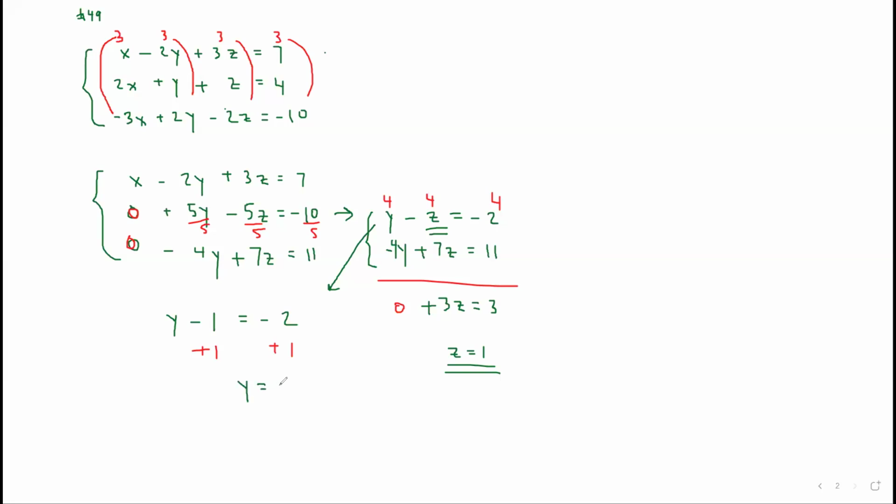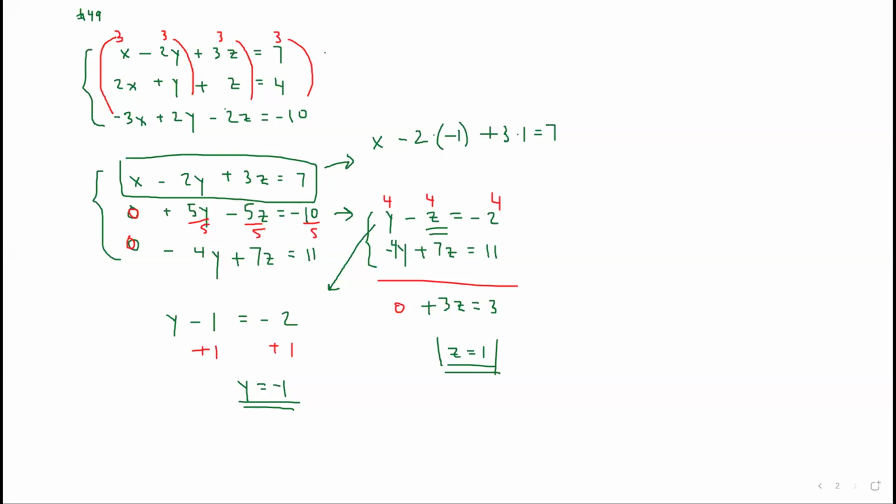And now we go for the last variable, letter x. So I'm going to use it here, say x minus 2y, 2 times -1. People usually put parentheses around, plus 3 times z, which is 3 times +1, right, is equal to 7.